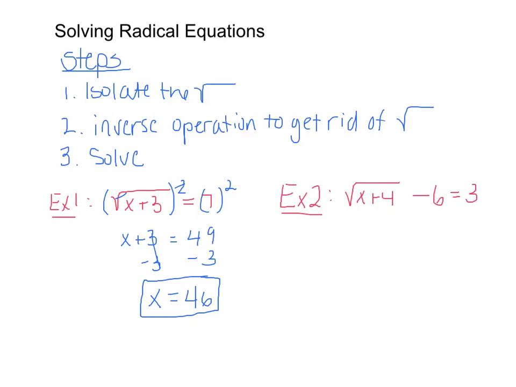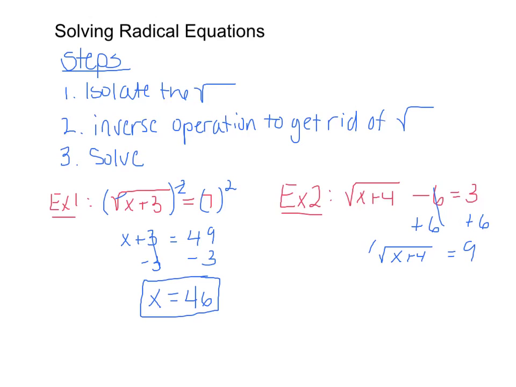Okay, the next example, we have the square root of x plus 4 minus 6 equals 3. So we need to isolate the radical, which means we're going to have to add 6 to the other side. So we have the square root of x plus 4, and that equals 9.